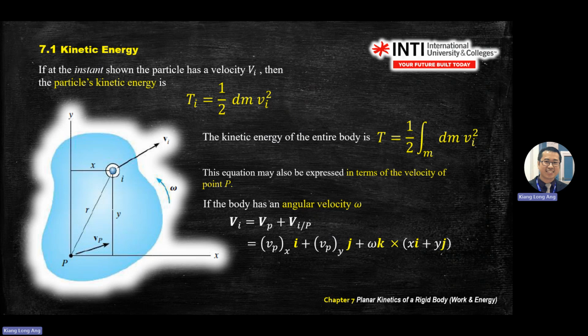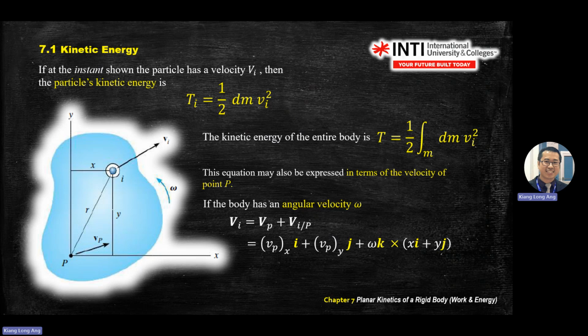VI stroke P is omega multiplied by R. V equals omega R. Omega is this one, so use the right hand rule. You go outside the screen, so positive. So what is your R? R is here. R is X plus Y, but with the I and J.